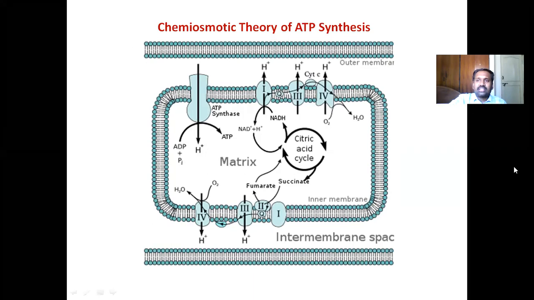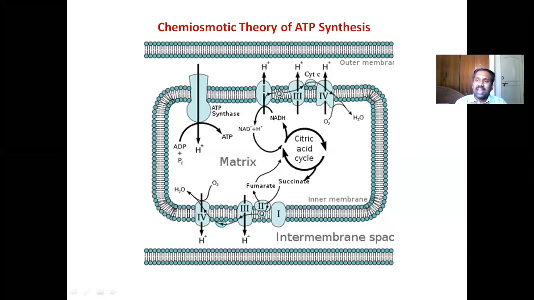This chemiosmotic theory is basically built on a hypothesis. What is the hypothesis? You know the potential difference concept, right? What is potential difference? That is also sometimes called EMF.